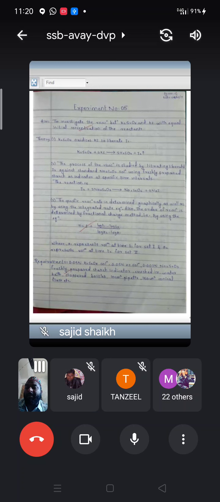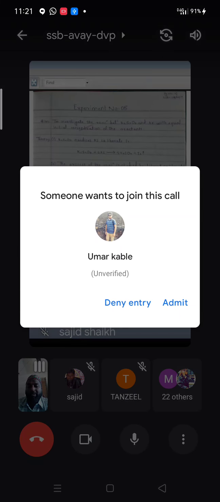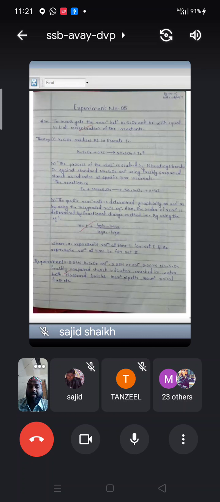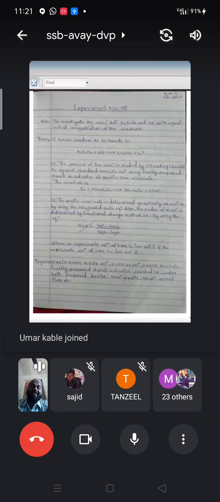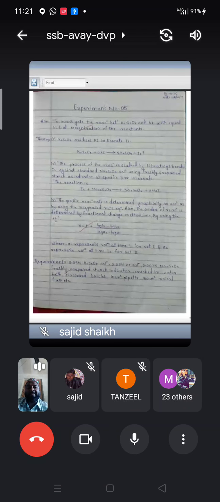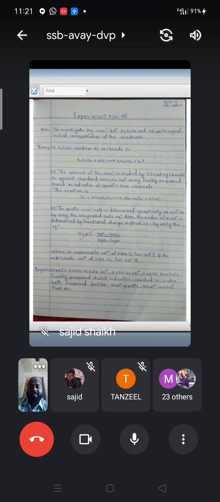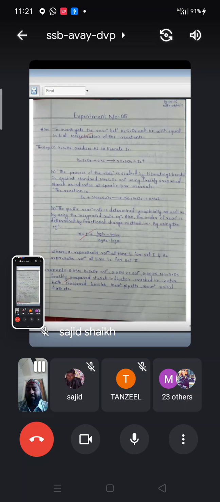The process of the reaction is studied by titrating the liberated iodine against sodium thiosulfate. Remember one thing: when the iodometric titration is there, we use sodium thiosulfate, Na2S2O3, and the indicator will be freshly prepared starch indicator.